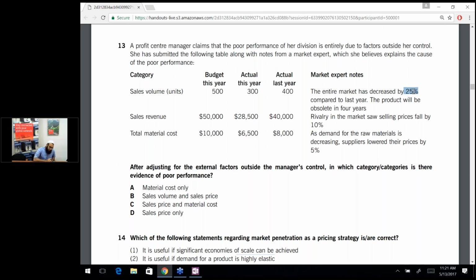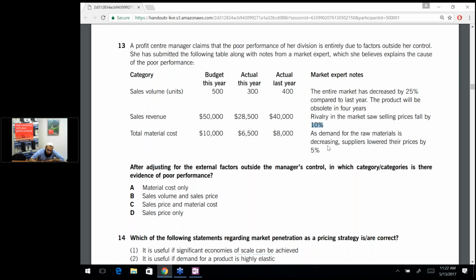Now, if you look here, it's quite clear that if the product is obsolete in 4 years, then this is something not under the control of the manager. Then comes sales revenue. Rivalry in the market saw selling prices fall by 10%.